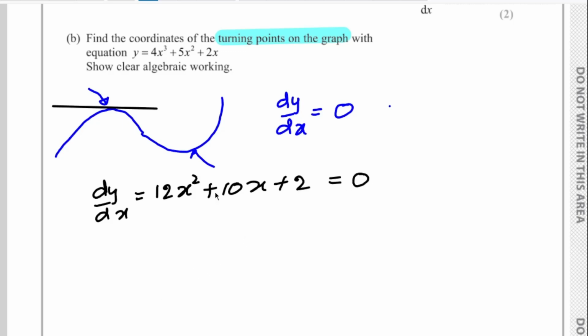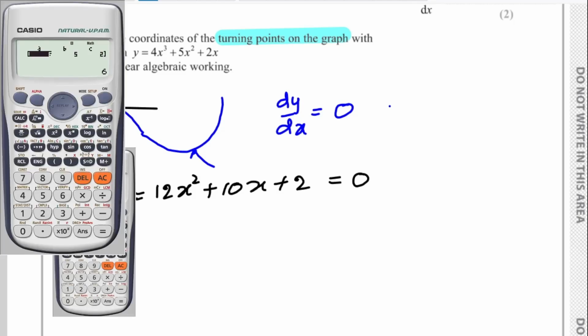Now we need to solve this equation to get the x-coordinate at the stationary point. To find the x-coordinate, we make dy by dx equal to 0 and solve that equation. So when finding the roots, I can divide this equation by 2, then it becomes 6x squared plus 5x plus 1.